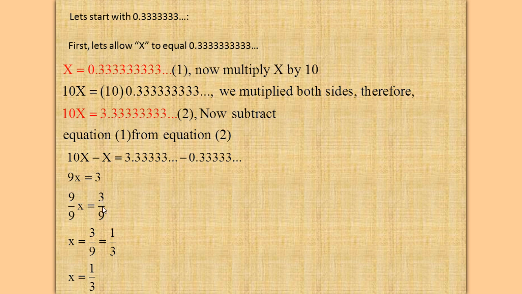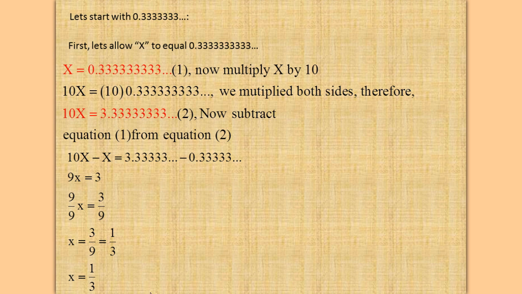That leaves us 3. And we divide both sides by 9, and we get 3 over 9, and we get x equal 1/3. So that's why when we see the repeating decimal 0.3333, we know to write 1/3. That's interesting to know.